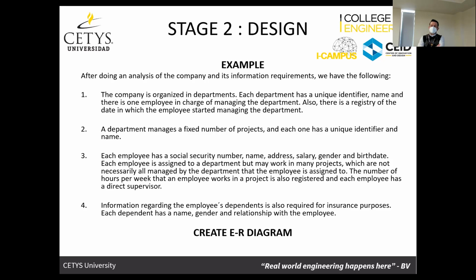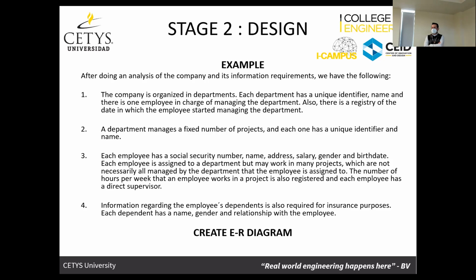Each employee is assigned to a department, but may work on many projects, okay? Let's say that Leo is assigned to the quality department. Jesus is assigned to the engineering department. But Leo has a project that has to do with improvement of a particular cell.